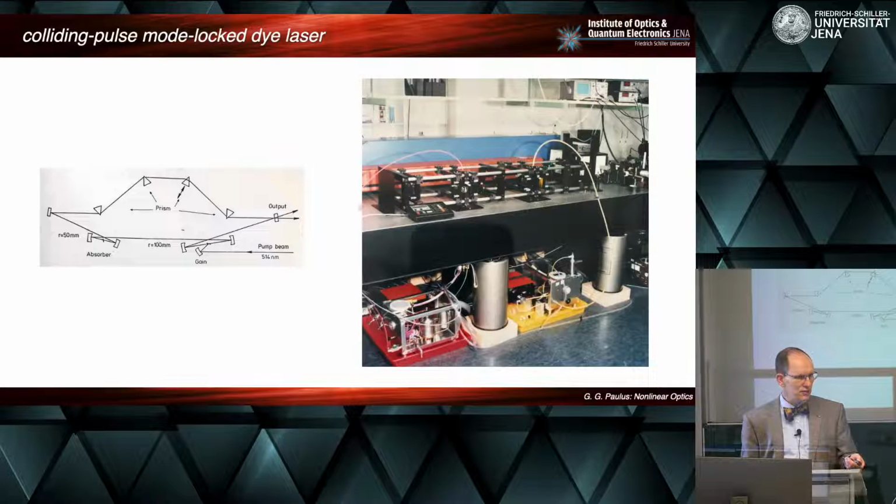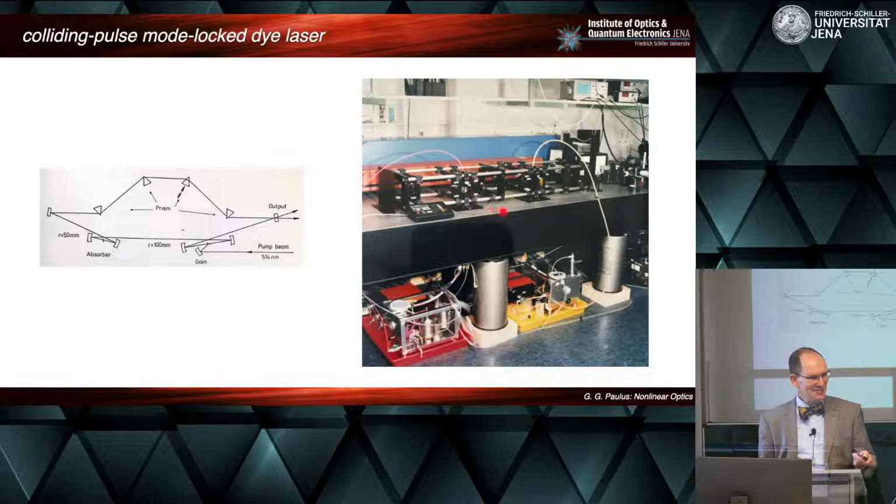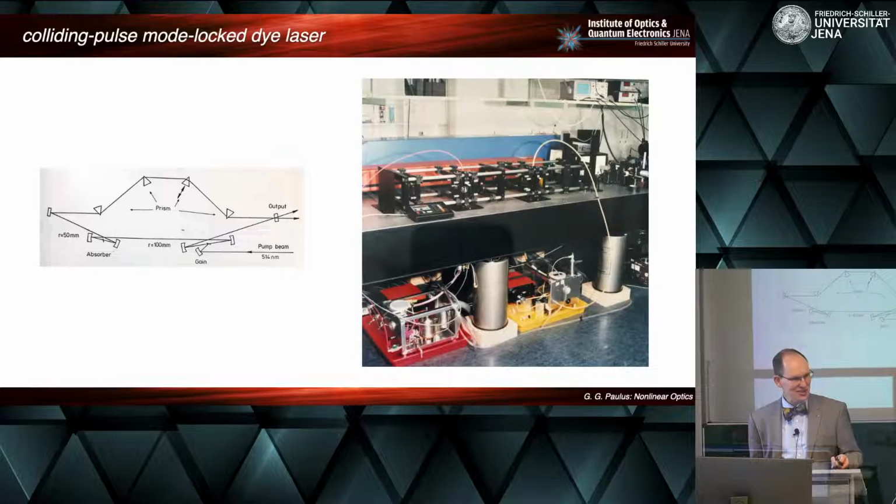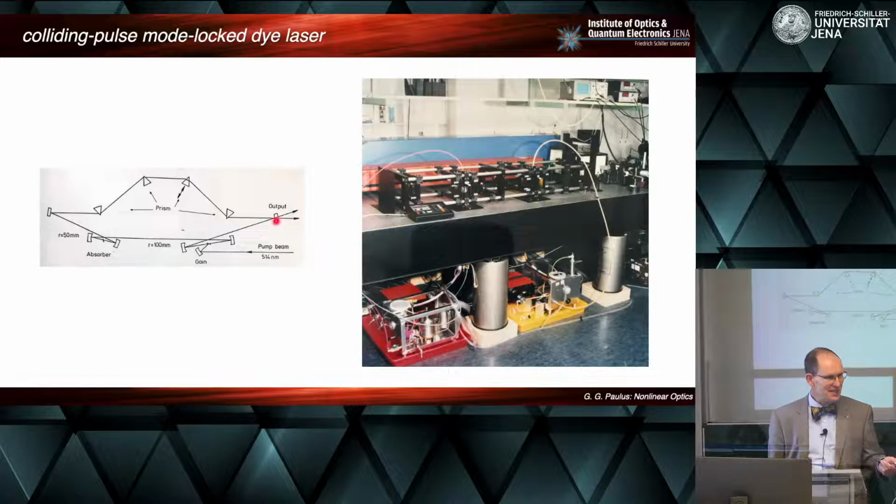So this was the first femtosecond laser at the Max Planck Institute of Quantum Optics. And I did my diploma thesis on that, my PhD thesis, and the first half of my habilitation also. And it had, yeah, so this is how it looked, this laser. So these were the femtosecond lasers, the first femtosecond lasers.